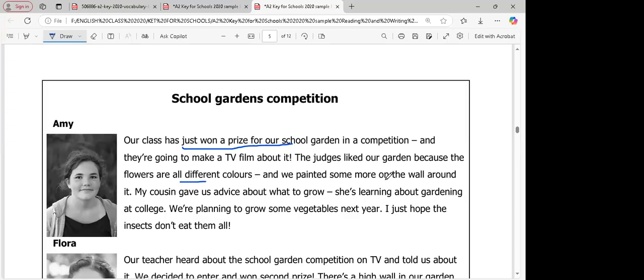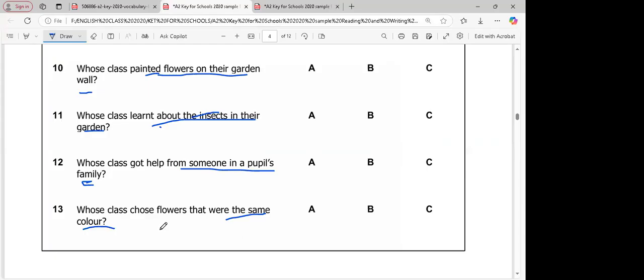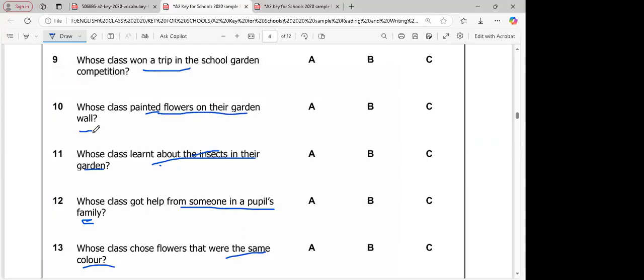And we painted some more on the wall around it. Somebody mentioned on the wall they painted something, whose class painted flowers on their garden wall. Now, what do you think about the 10th question?